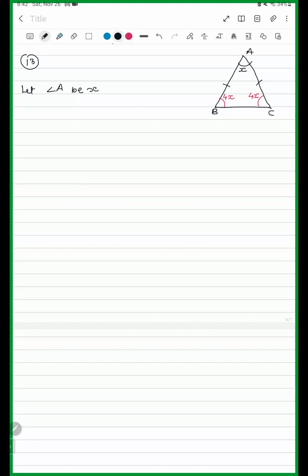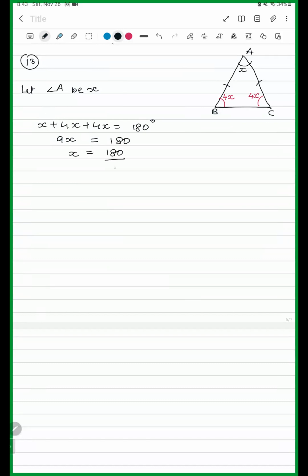So we'll say x plus 4x plus 4x is 180. Very good. Then it will be x plus 8x gives 180. Can we just write 9x? Yes. 9x gives 180.